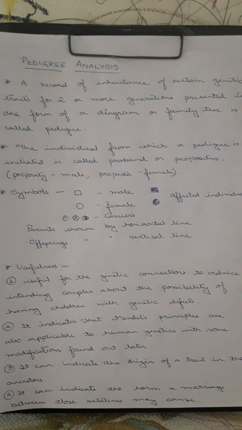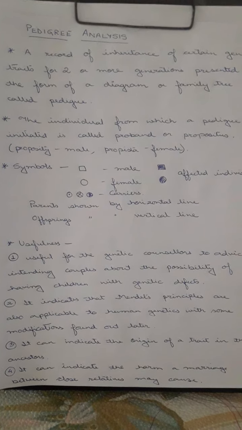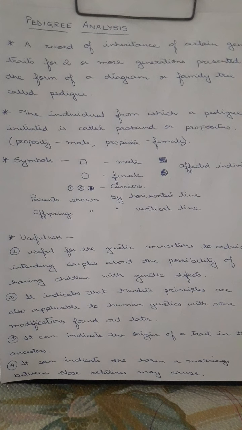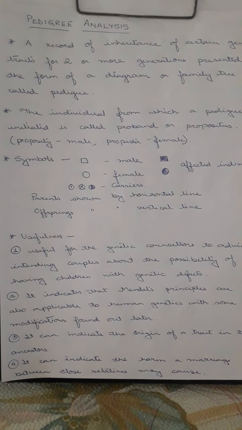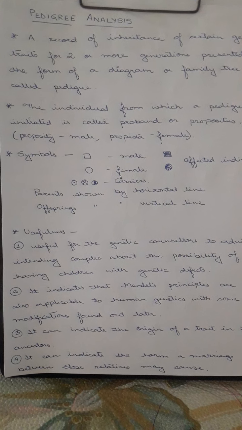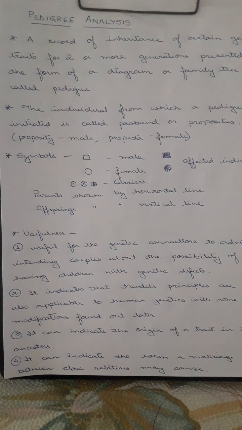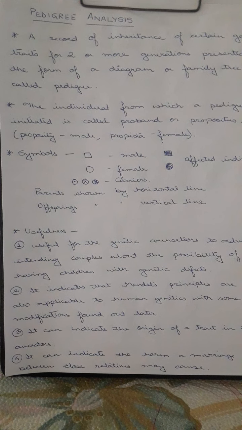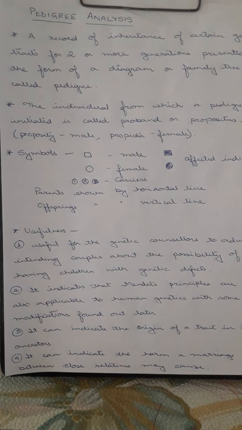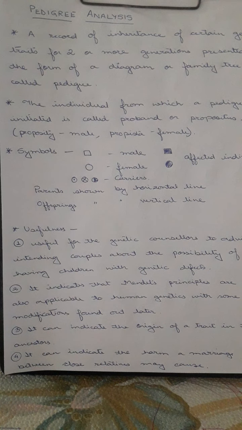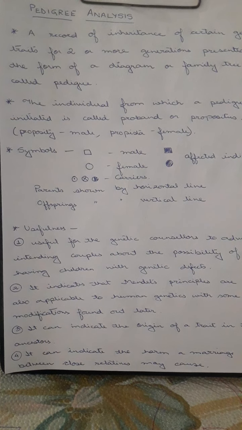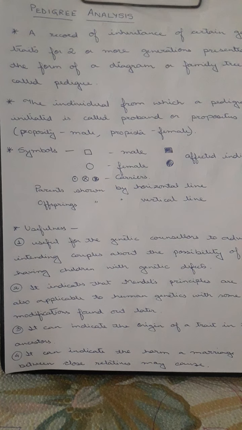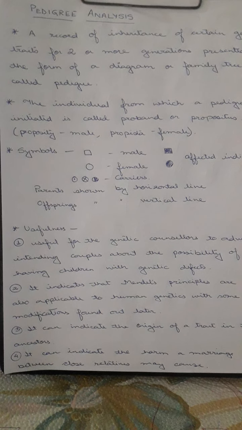It indicates the origin of traits in the ancestors; if our ancestors had any diseases, they can be easily detected. It is also helpful in indicating the harm of marrying between close relatives. If a disease is prevalent in a particular family and close relatives get married, it may help in transmission of the disease. So this analysis helps us overcome various types of genetic disorders.